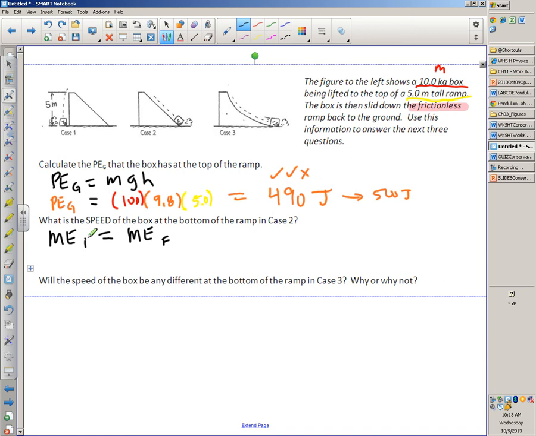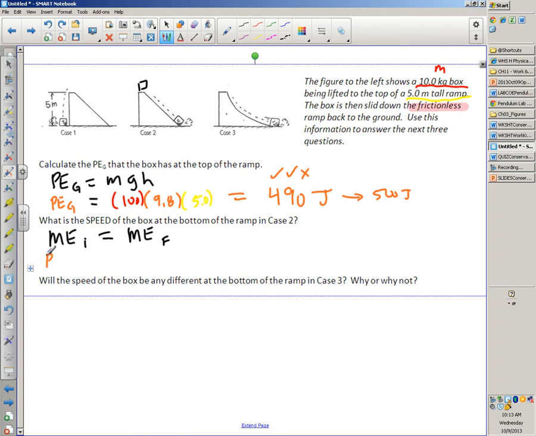Now, mechanical energy is made up of a bunch of different things, right? So, up at the top of this ramp, before the box slides down, right, it's up here, sitting up at the top, okay? What kind of mechanical energy will it have up at the top of the ramp? Okay. Christine, go ahead. Okay, so it definitely has potential energy, right?